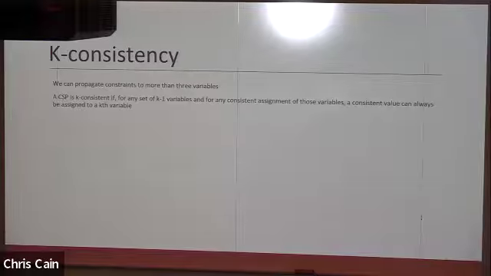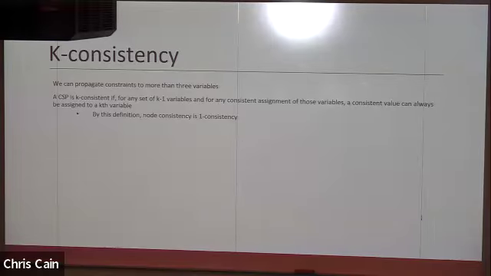And then we can make 5-consistency and 6-consistency and 7-consistency. It's just that at this point, we stop caring for the most part because even a small problem becomes intractable at 5-consistency, 6-consistency, 7-consistency.